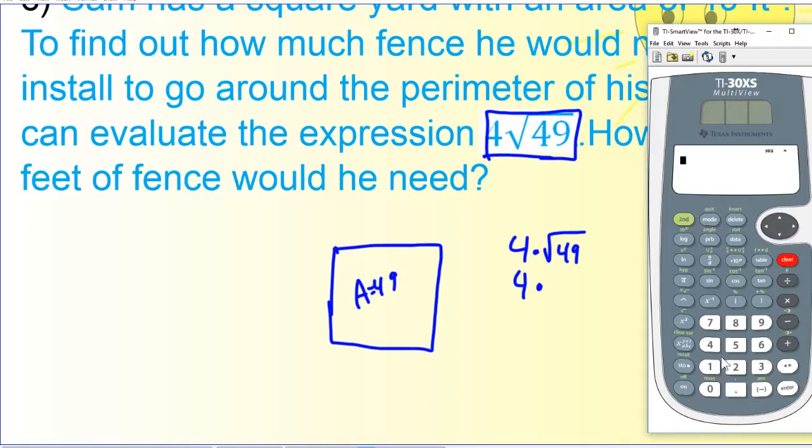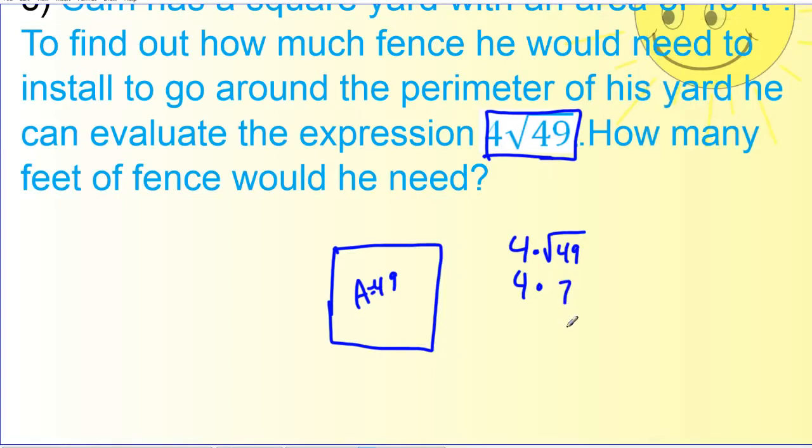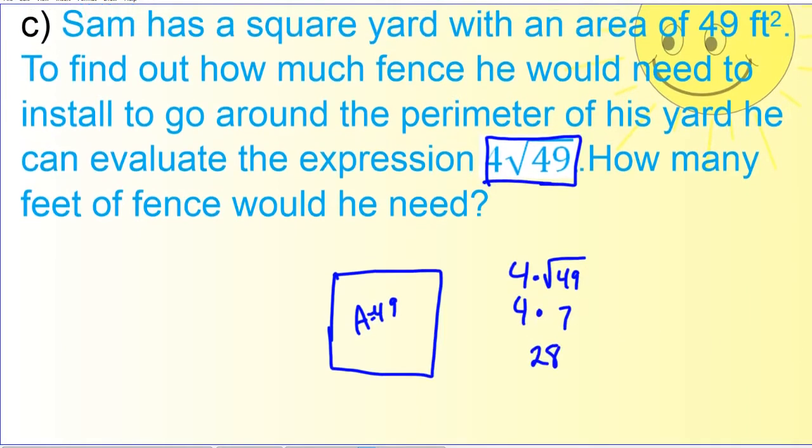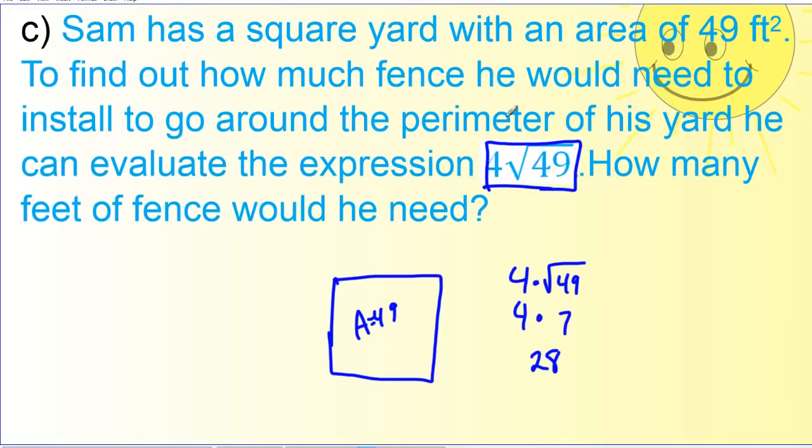And if you remember from earlier, the square root of 49 is a nice pretty number. 7. 7 times 7 is 49. And then if we simplify here, 4 times 7 is 28. So Sam would need 28 feet of fencing to go around his yard. It's a pretty tiny yard.